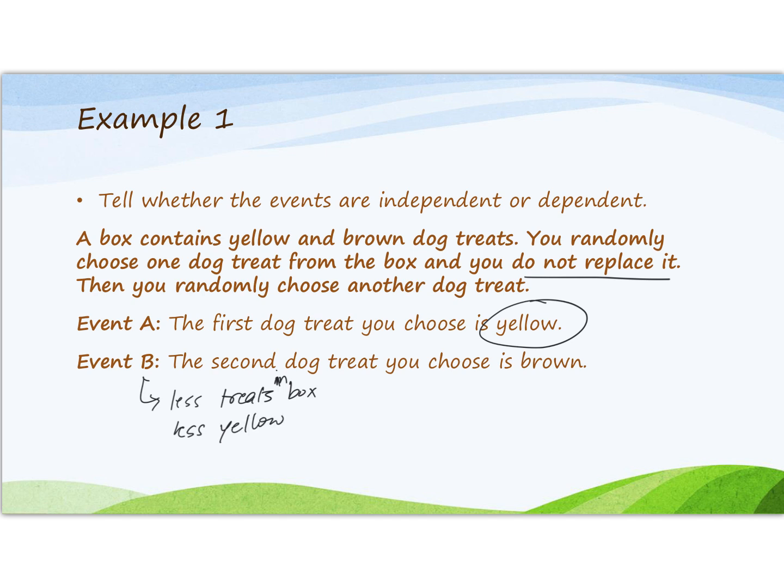And so that might mean that I have a higher probability of picking a different color because I have less yellow to pick from. So again, the fact that I picked from the box and I didn't replace it changed the outcome of the second event, because now I was choosing from fewer treats.